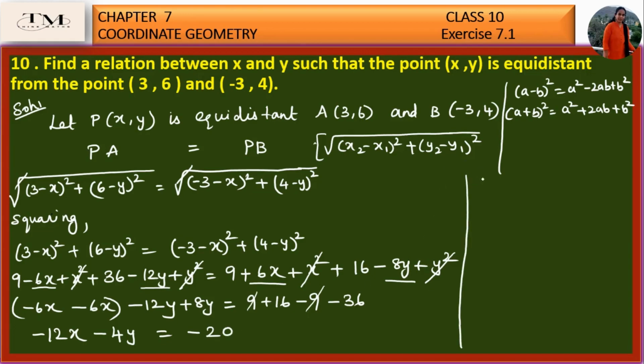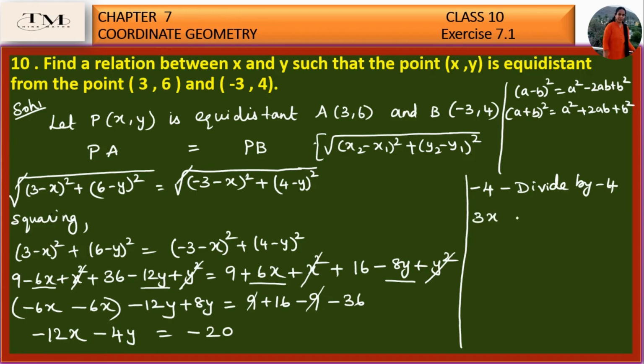4 is the common multiple for everything, so we can divide by minus 4. If you divide by minus 4, all the negatives get cancelled, and 12 by 4 is 3.